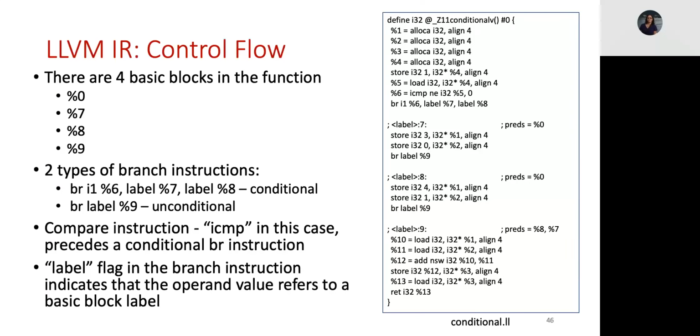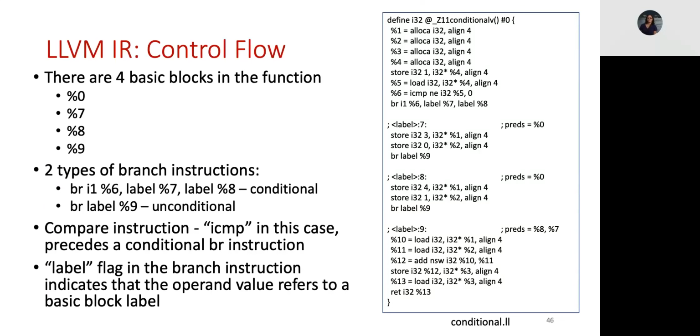And then there is the unconditional branch, which only takes the destination basic block as the argument. And then for conditional branches, they're usually preceded by a compare instruction. And you're going to notice one thing, that we are referring to values that show up in the branch instructions.